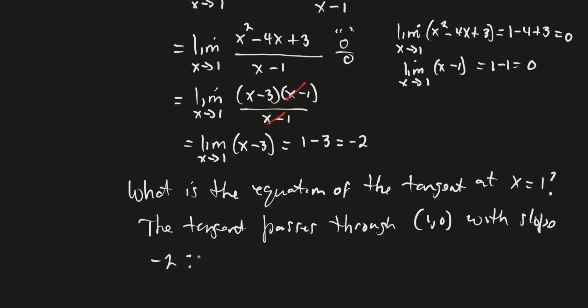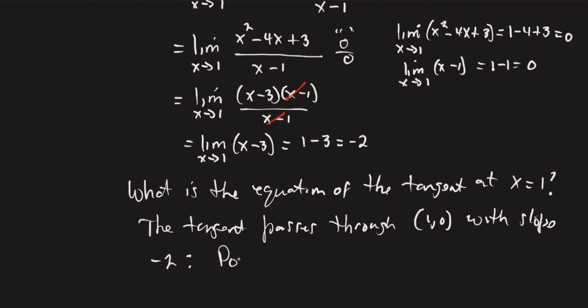So now think about how you find the equation of a line. There are several formulas you can use. You can use your y equals mx plus b, because we have a point, we have the slope, and we can use that equation to find the y-intercept. Otherwise, we can use the point slope form, and that's the form I will use.